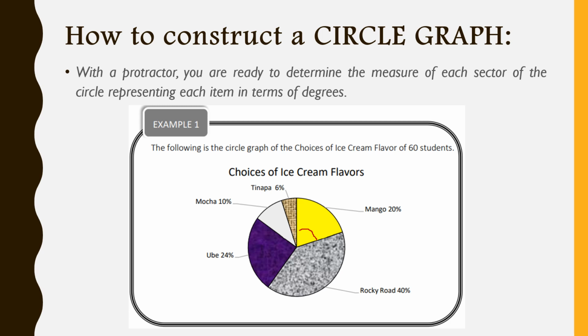The same for the others. For the Rocky Road, it is 40%. Multiplying it by 360, our result a while ago is 144. It means that this angle measures 144 degrees. And as I have said a while ago, the total measure of these angles is 360 degrees.